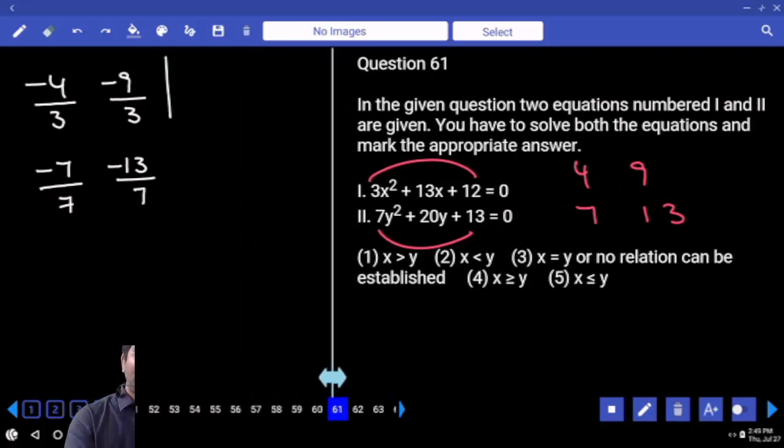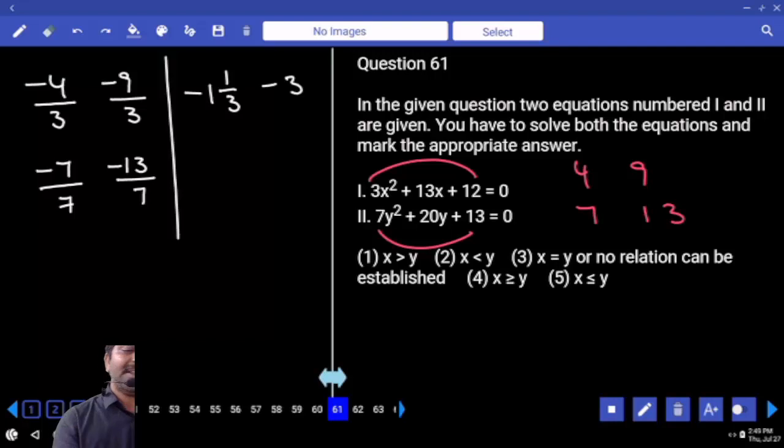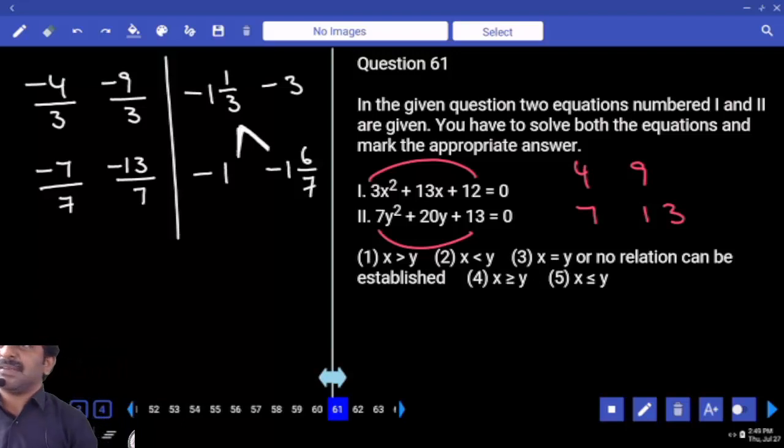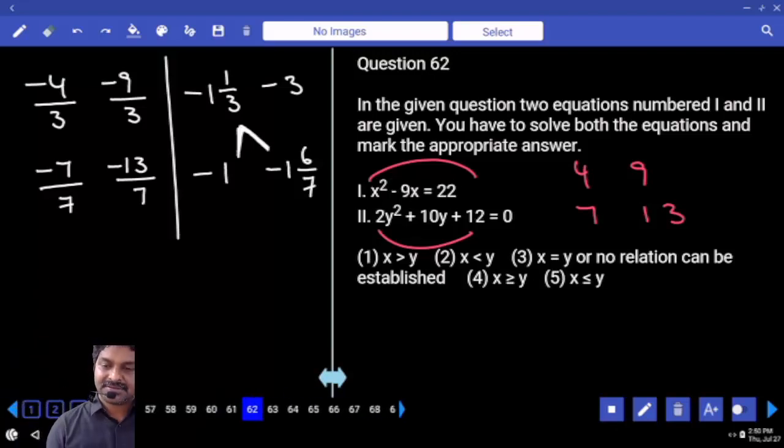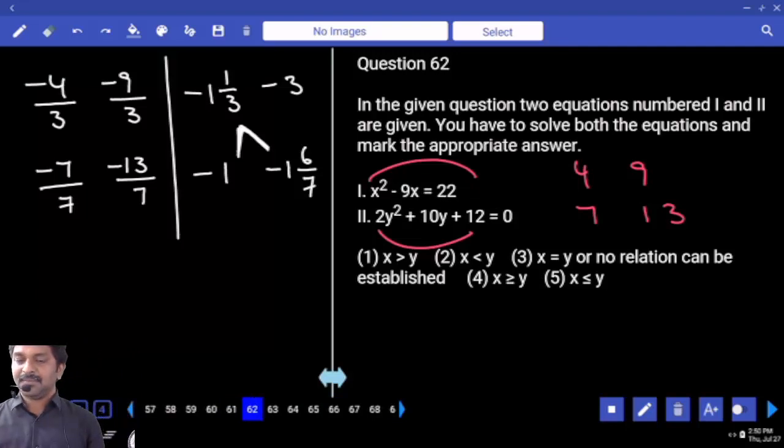Now let's see the values. This is minus 1 by 3, minus 3, minus 1, minus 1, 6 by 7, close to 2, right? You can say this number lies in between these two. 1 by 3 lies in between 1, 6 by 7. Agreed or not? In between condition.